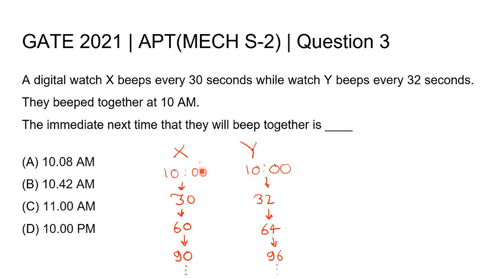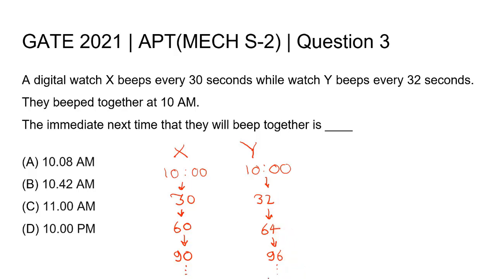So we can see that watch X is beeping in the multiples of 30 and watch Y is beeping in the multiples of 32. 32 into 2 is 64, 32 into 3 is 96 and so on.